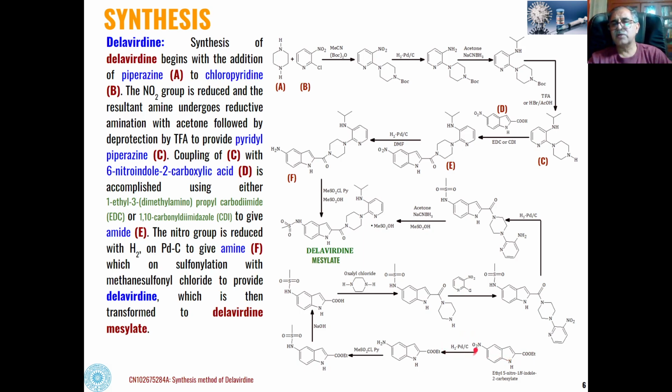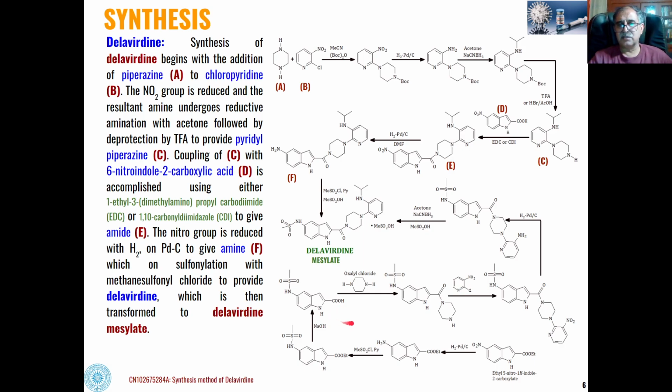When this is reacted with hydrogen on palladium and charcoal, we know the nitro group will be reduced to amino group, and then this amino group on reaction with methane sulfonyl chloride will be converted into sulfonamide, and this sulfonamide ester on reaction with a strong base like sodium hydroxide, hydrolysis of this ester will take place, and the carboxylic acid will be generated back.